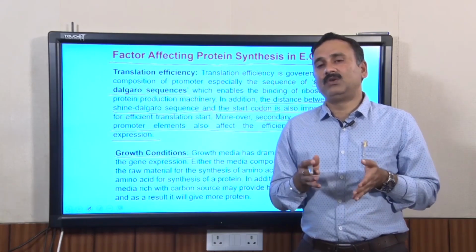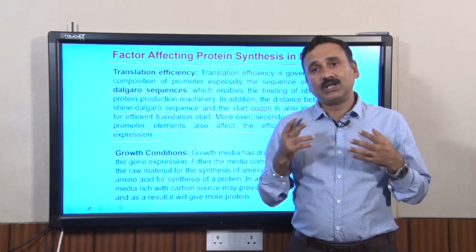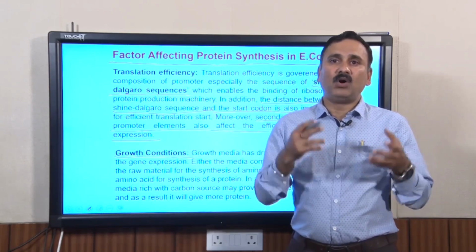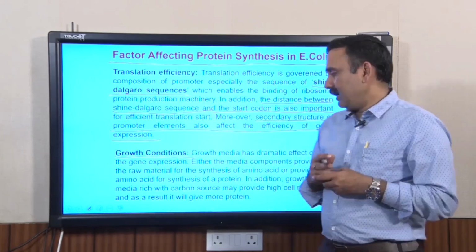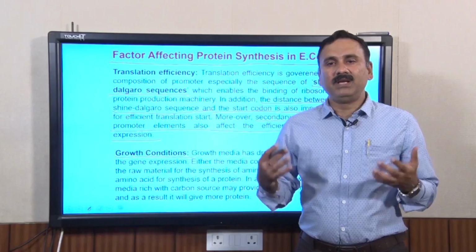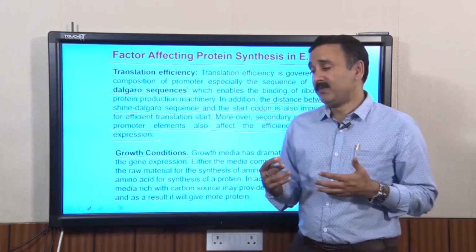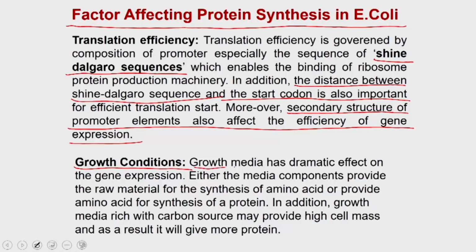For example, you can imagine a protein which you are using that requires a large quantity of arginine or lysine or glutamine. In those cases, you have to ensure that the media components have these essential amino acids. We have already discussed the growth media which are going to be used for growing the bacterial cells, and the growth media has a dramatic effect on the gene expression.